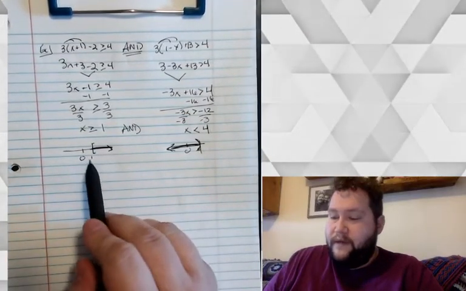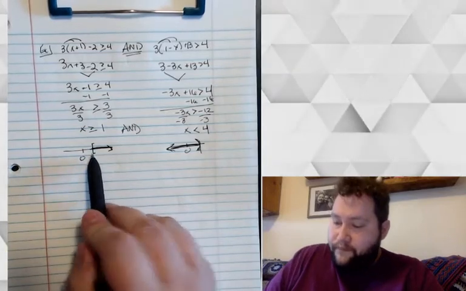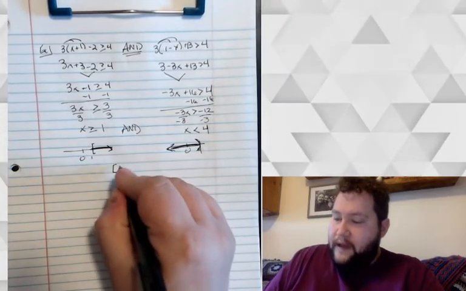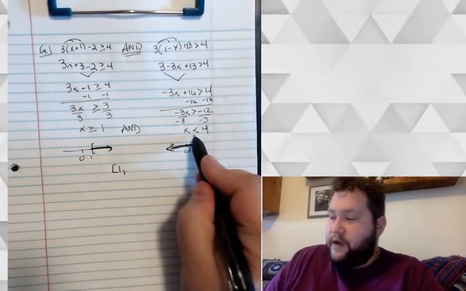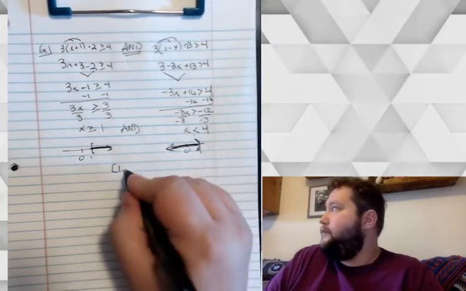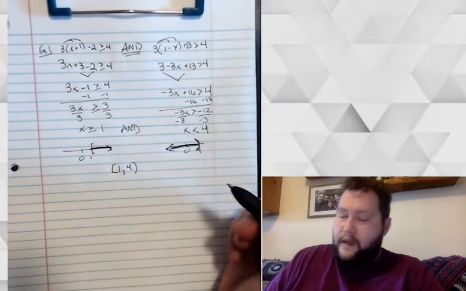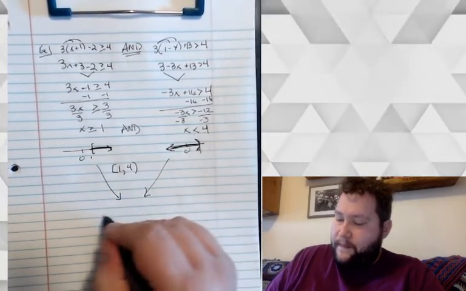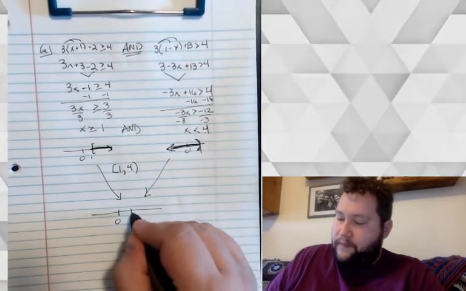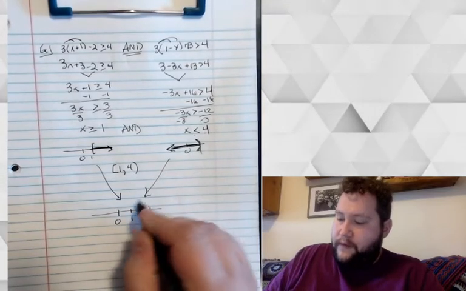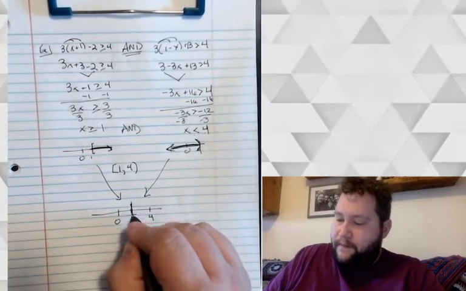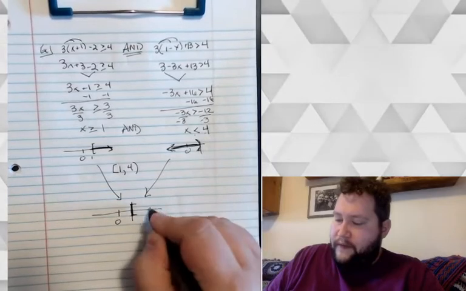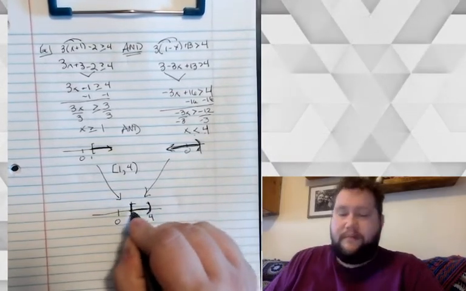So to the right of or equal to 1, and to the left of, but not equal to, 4. And so we can also see that if we combine those two number lines, 0, 1, 4, we have a square bracket at the 1, we have a parenthesis at the 4, and everything in between.